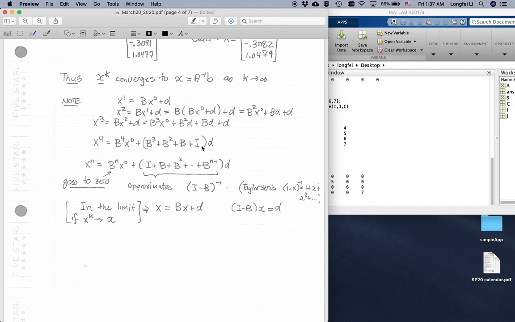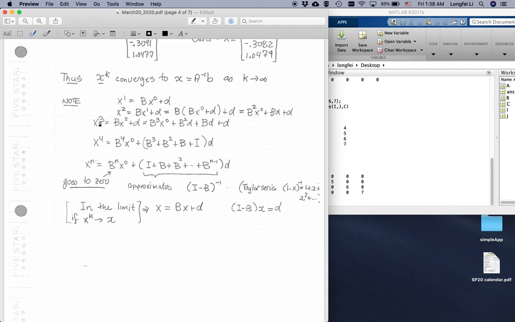So here's a note I want to make about the iterative method. If you plug x0 into your updating formula, Bx0 plus d equals x1, and x2 equals Bx1 plus d, and we know that x1 came from Bx0, therefore we replace x1 with its updating formula Bx0 plus d and expand everything, so we get B squared x0 plus Bd plus d.